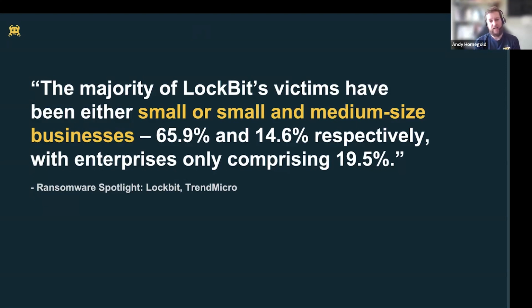And you can see that the targeting for LockBit has historically been pretty significant within the SMB market. Around 80% of the organizations in the leaks they published were small and medium-sized businesses, with the remaining 19.5, 20% being enterprise customers.